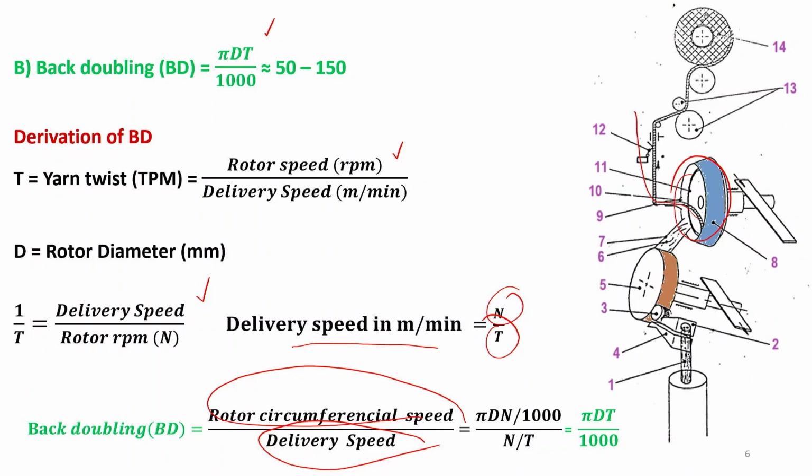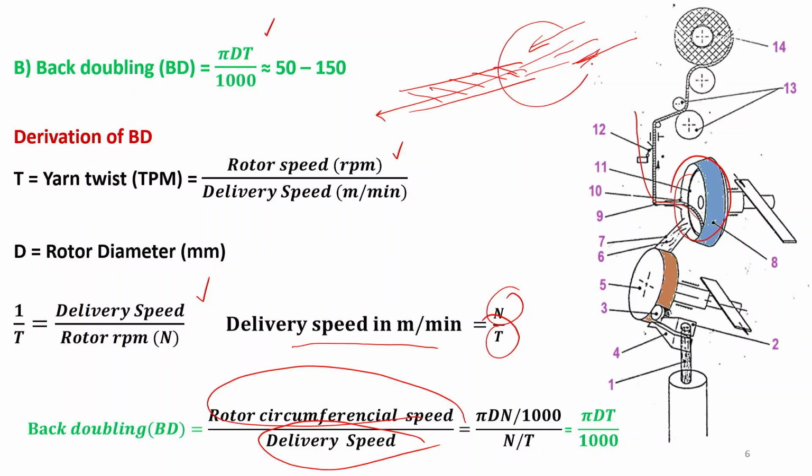So, here is the back doubling, then after that the yarn is moving up. The yarn is actually being pulled at a slower speed than the fibers landing. If we see here, this is the yarn. Fibers are coming from the opening roller through the transport channel at very high speed, but the yarn is being pulled at a relatively slower speed.